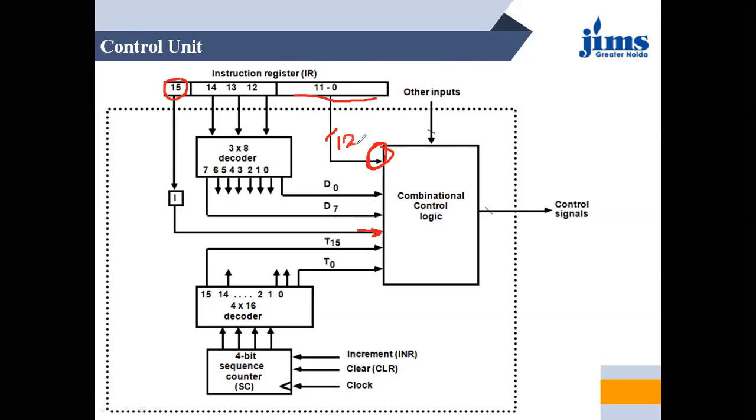Then is the opcode, there are 3 bits left, bit number 12, 13 and 14. By using these 3 bits, we can produce 8 different symbols, 0, 1, 2 to 7, by using a decoder of 3 by 8, where in this decoder 3 are the inputs and 8 are the outputs.